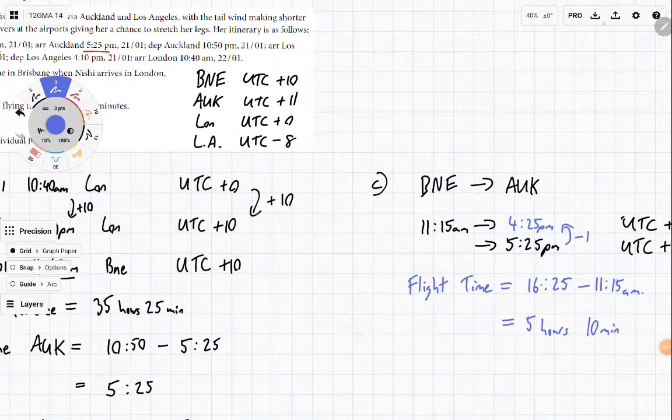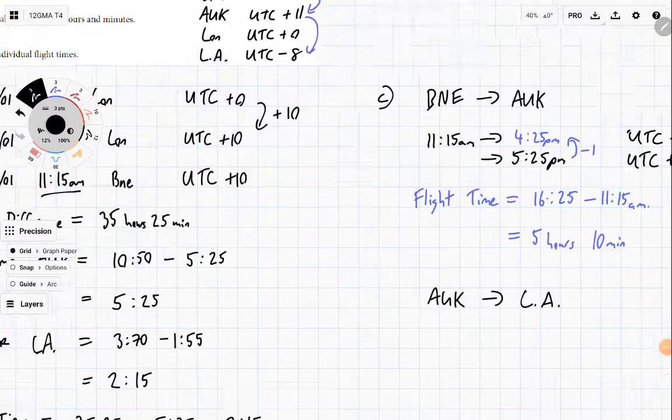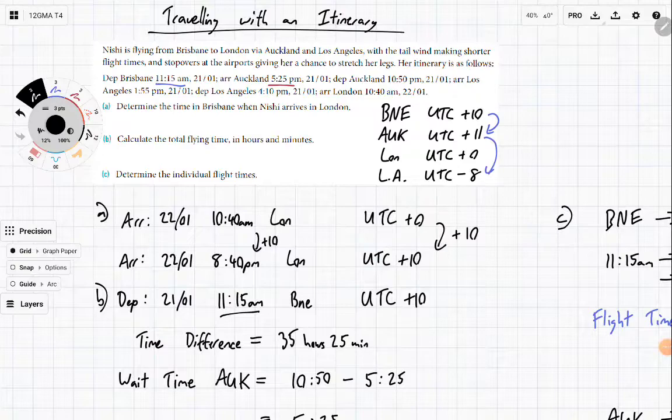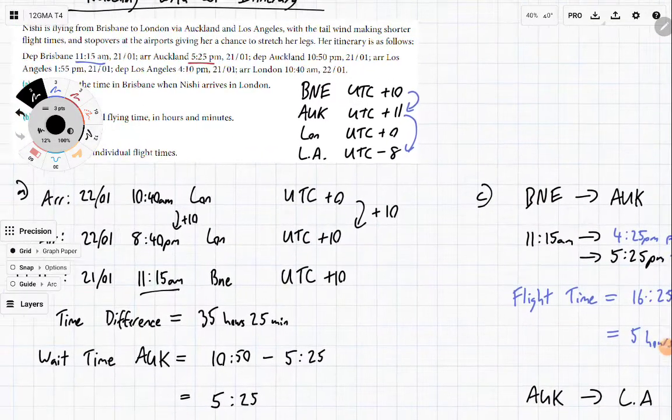Now the next flight she did was she went from Brisbane to Auckland, then she went from Auckland to LA. And this is the same problem. So this is Auckland to LA. The departure time is in Auckland, 10:50 p.m., but the arrival time is in the wrong units.